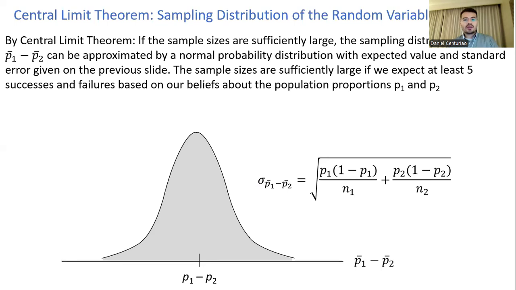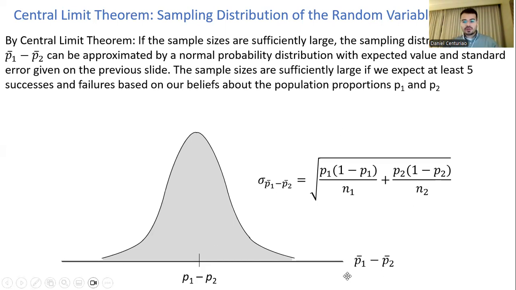And basically we can expect that we have a standard error that gives us the length of the distribution in this case right here, and how the distribution is going to be shaped, if the distribution is going to be more wide or more concentrated, is going to depend on this standard error.